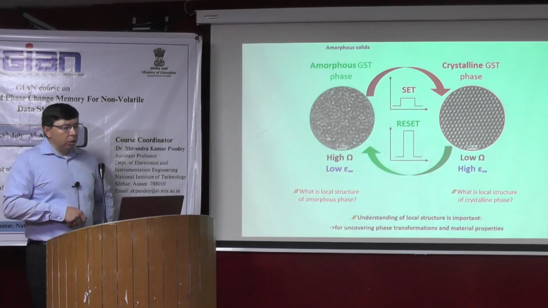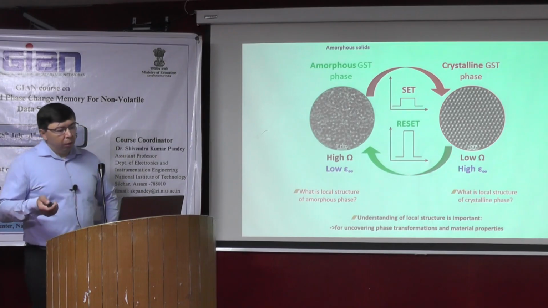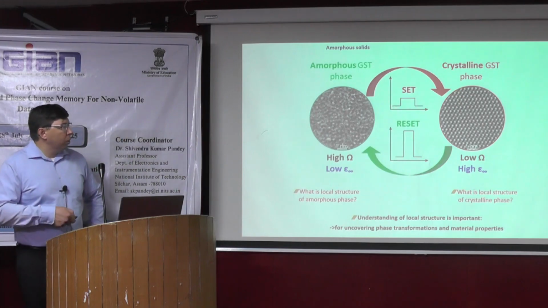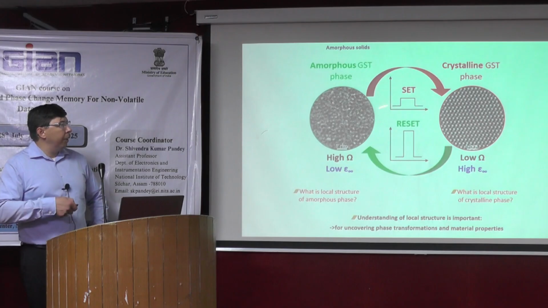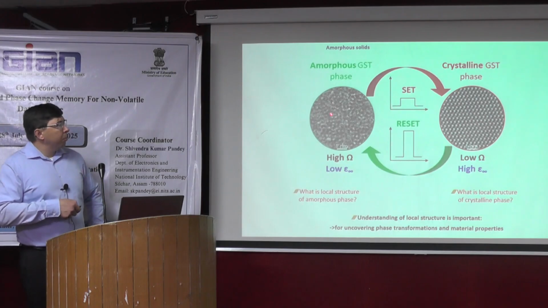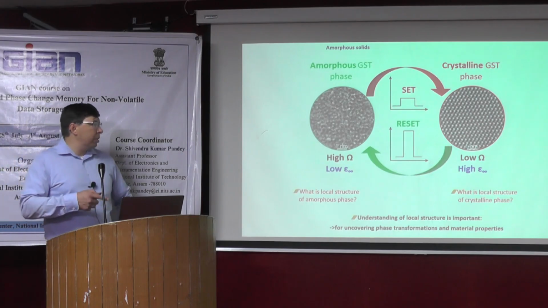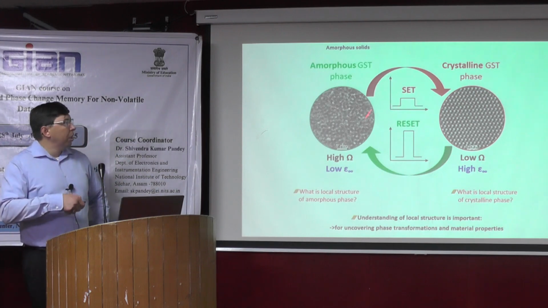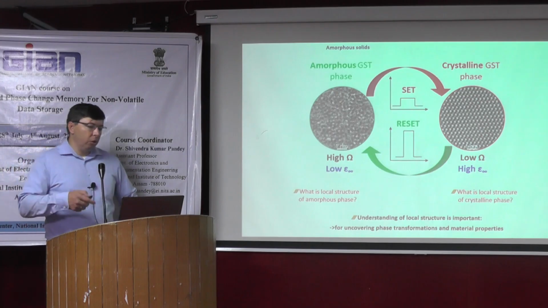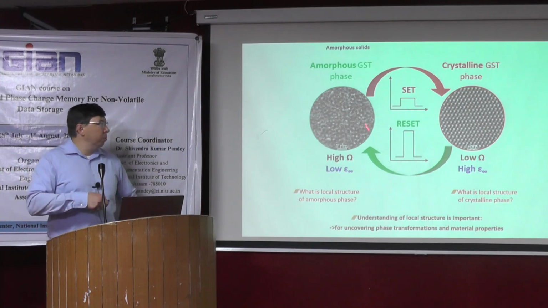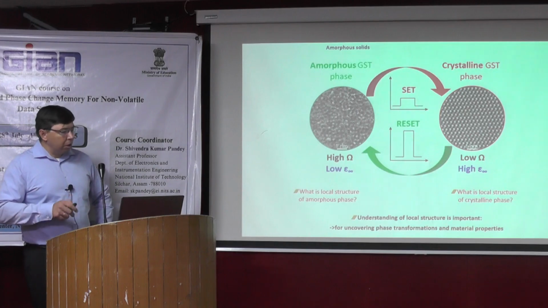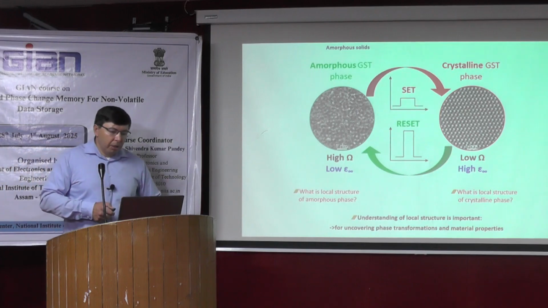But to understand and to develop better and faster memory, we need to know about the local structure of the amorphous phase. We know of some problems with the amorphous phase: it crystallizes not so fast, so the crystallization time is not fast enough for application, so it could be faster. And the amorphization time is good, but it can be better.